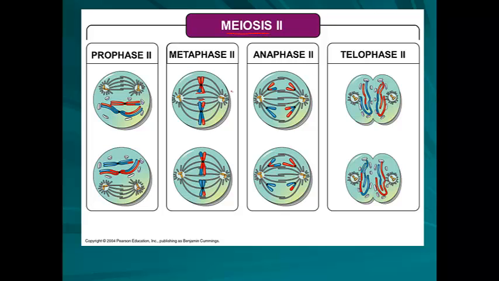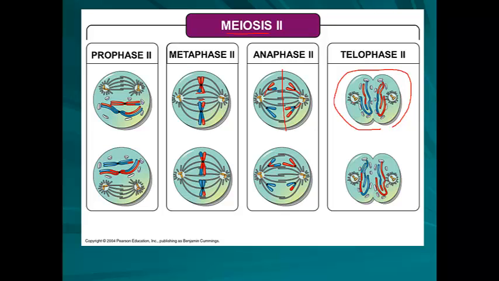We're getting ready to separate these here. What you can see is that if you imagine this cell divided in half and splitting over here in telophase, each of these new cells is going to get half the number of chromosomes. So we started with 4, that was our diploid number, and now we have 2.